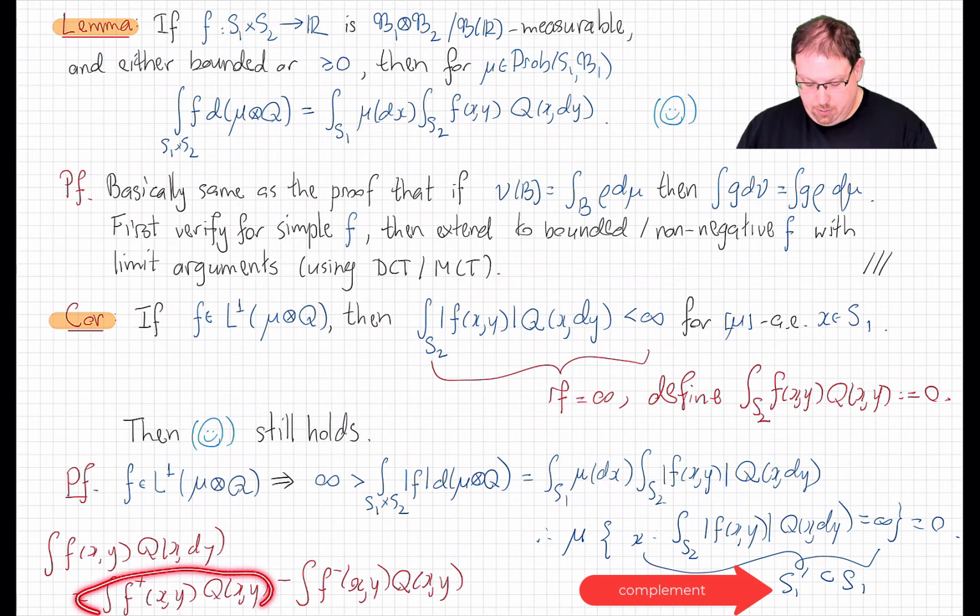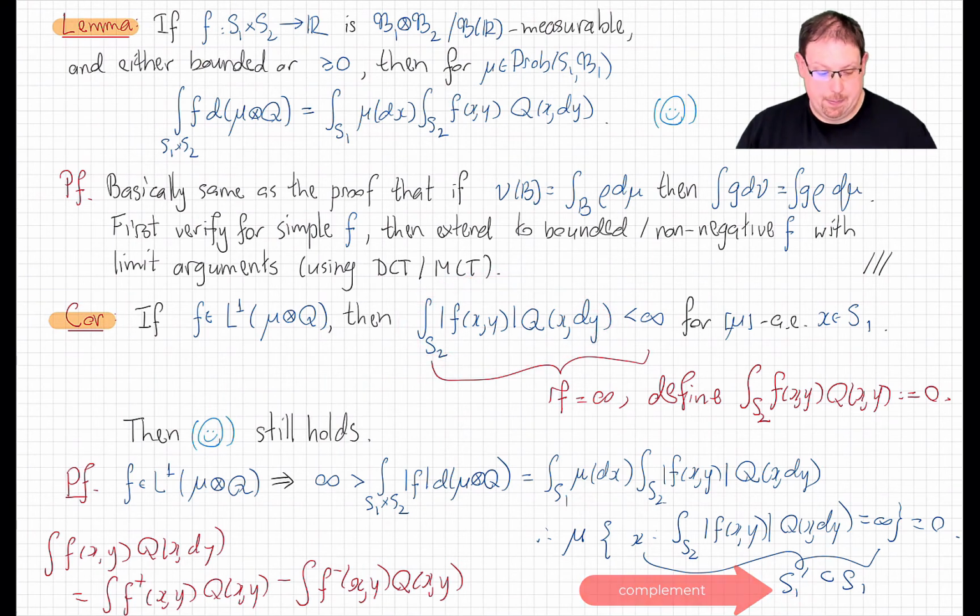Each of these integrals makes sense by the lemma, and moreover, each of them gives a finite number out, because by the triangle inequality, which will hold for the probability measure part here and the y variable, each number here is going to be less than or equal to this value here, which is finite for x in the set S1 prime.